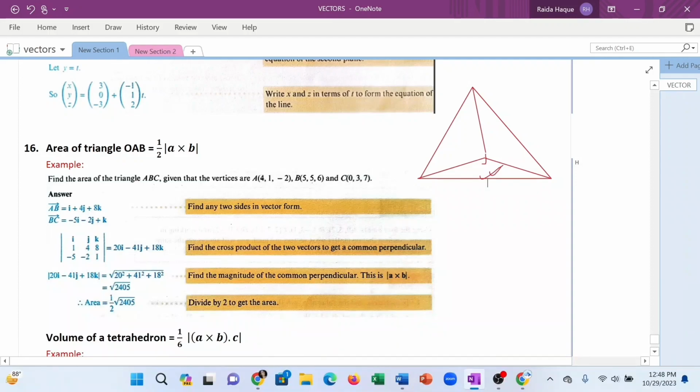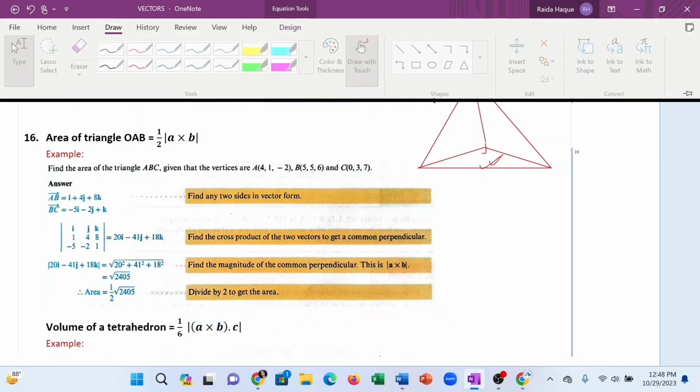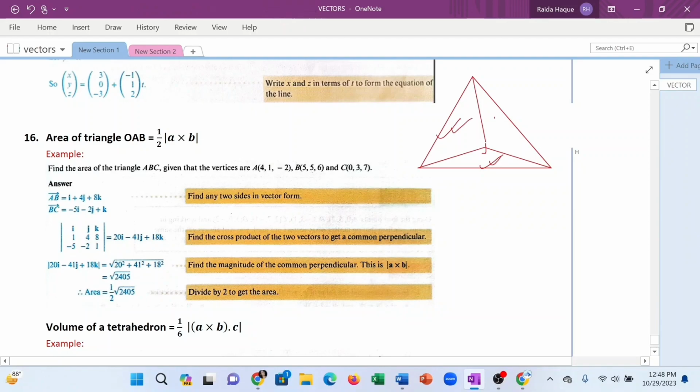So over here, as you can see, some part of it will be constant. So you have A cross B and then you have the half, but then it is multiplied with 1/3. And why is that? It is because you multiply it with each of these areas of these faces. To find this, what you do is you do the dot product with C. What is C?